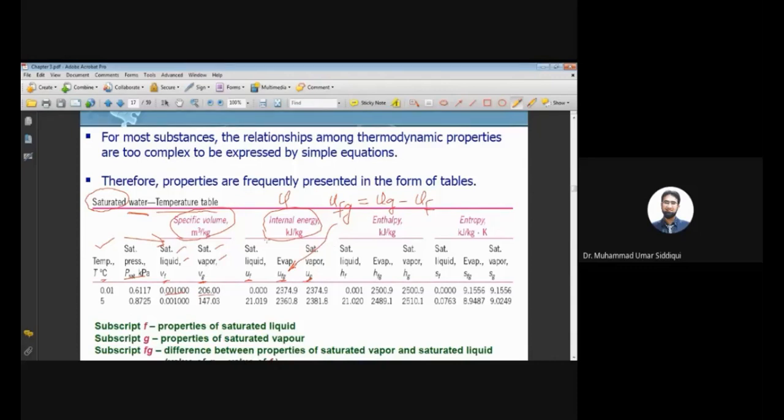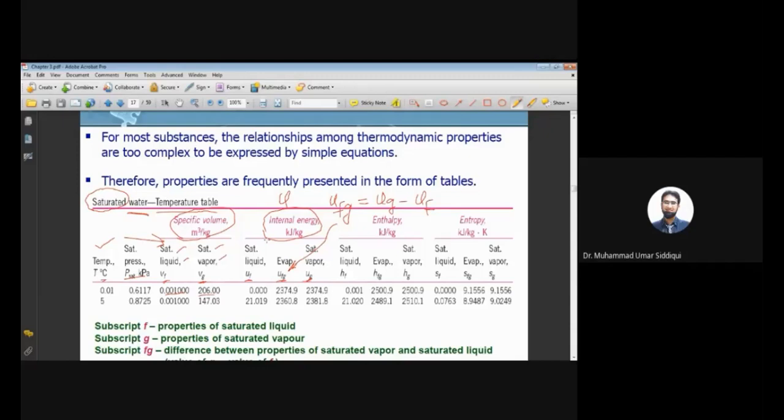This is the same symbology used throughout the book. So it's random. There is no specific reason for putting UFG or UGF, but in order that you do not confuse yourself, since we are using the same textbook. What I meant to ask was, if we write UGF, will it change to UF minus UG, or does it not matter? It does not matter. The only thing is that UFG means difference between UG and UF. That's it.